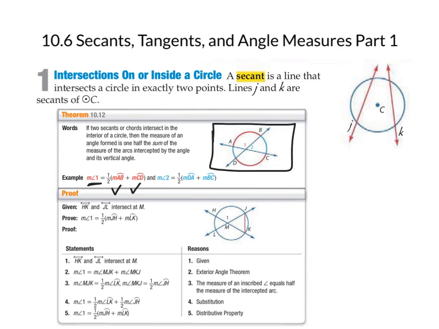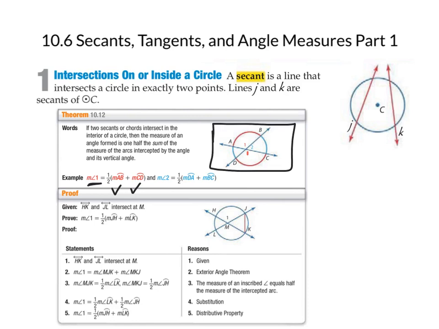Now remember, vertical angles are congruent. So if you look at the picture and you see an angle that is the vertical angle with angle 1, that's going to be right here. Those are going to be congruent. So angle 1 is equal to its vertical angle, and those angles are the average of the measure of arc AB and arc CD.